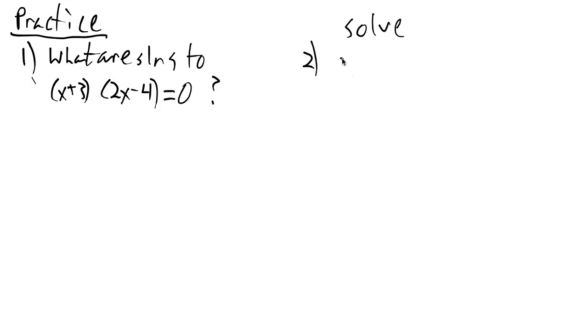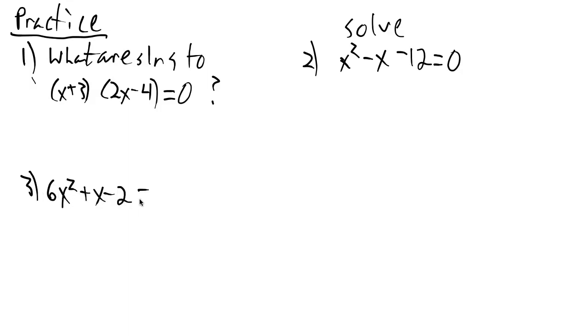The first one's going to be x squared minus x minus 12 is equal to 0. Problem 3 is going to be 6x squared plus x minus 2 is equal to 0. And problem 4 is going to be 3x squared plus 5x is equal to 8x.